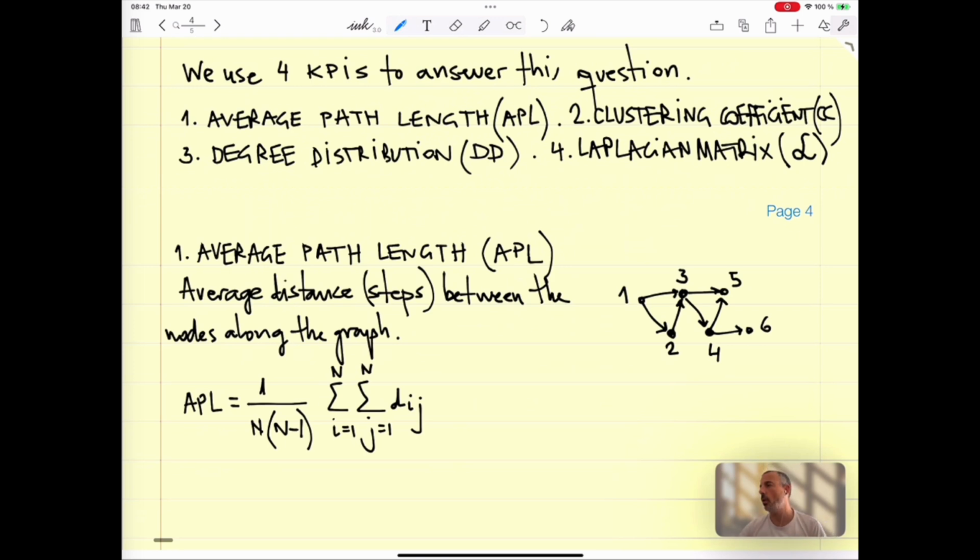So this equation looks super difficult, but let me explain it, okay?